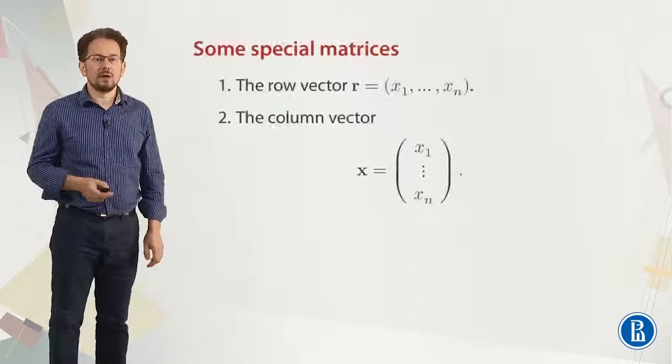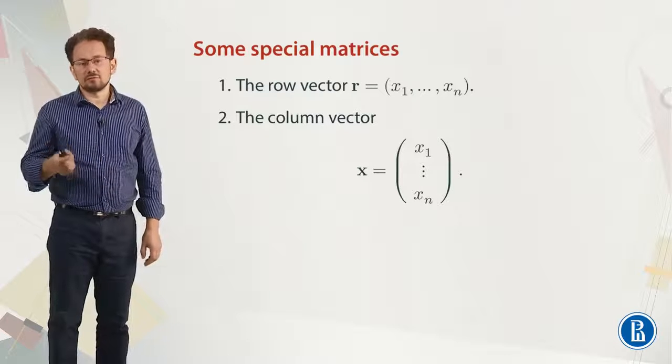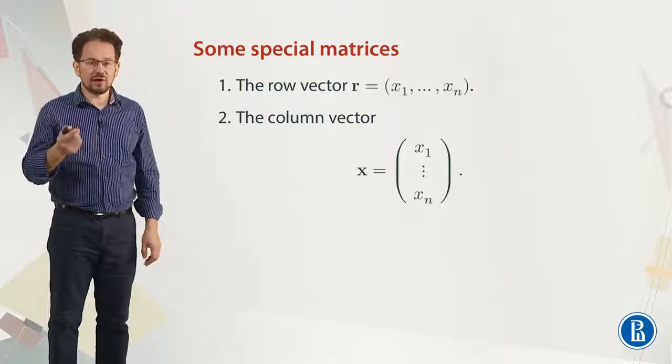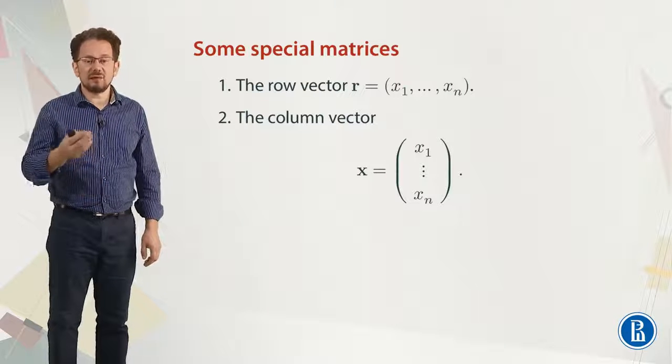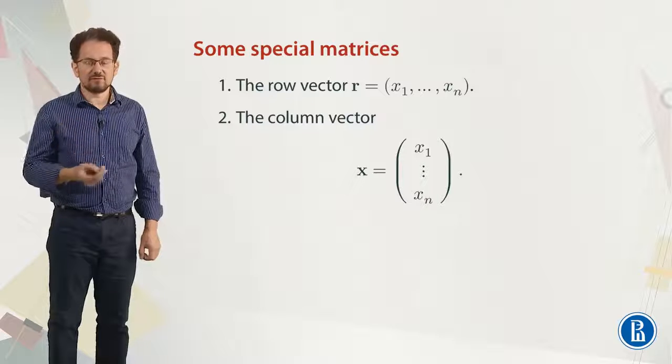Now, let us consider some special matrices. The row vector is a matrix of size 1 by n. The column vector is a matrix n by 1. So each n-vector can be represented by two matrices, the row vector and the column vector.